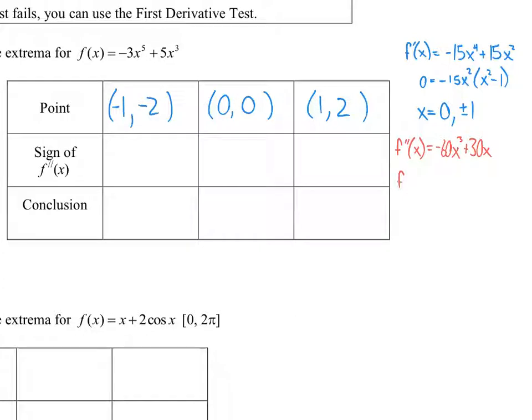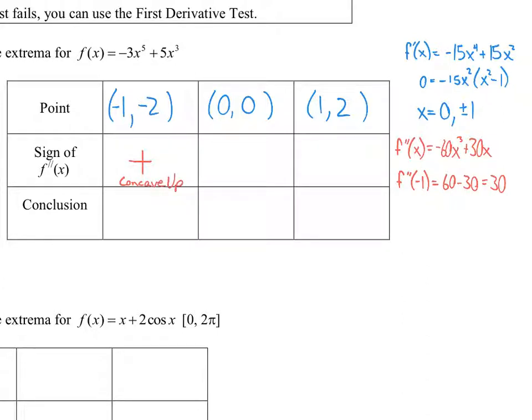Okay, so f double prime of negative 1 is going to be a positive 60 minus 30, which is 30. So that's positive. So what does that tell me about the point negative 1, negative 2? It's a minimum point, okay? It tells me the function is concave up.